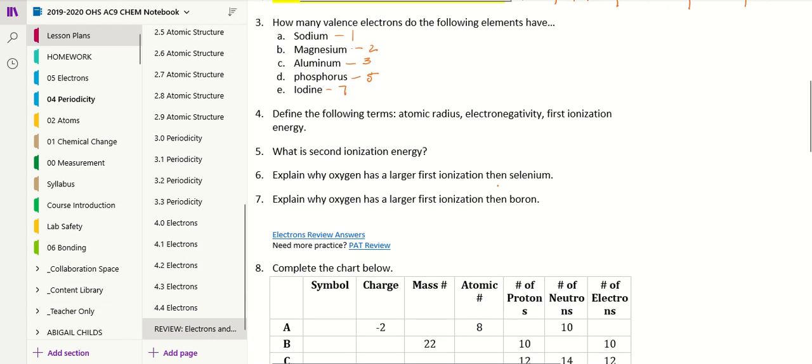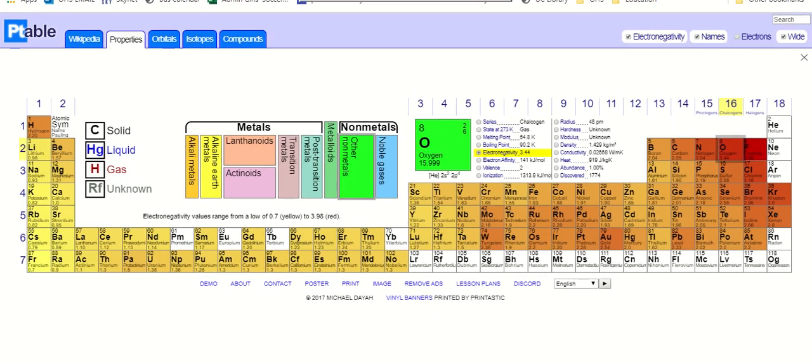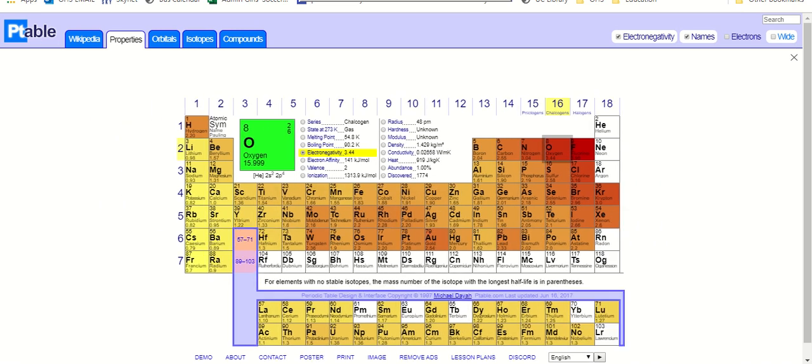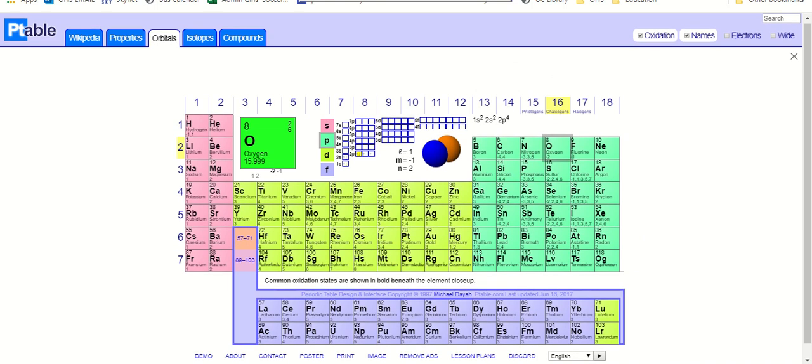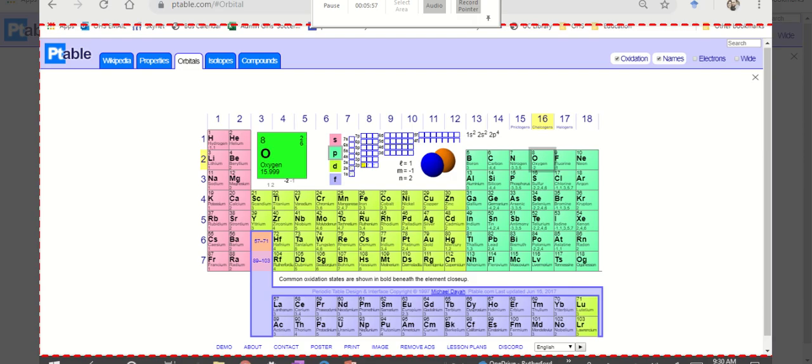You'll get what? The pattern? So let's jump over. If we look at our periodic table, here, group 1 has one valence electron. Let me jump over to writing everything if I can.